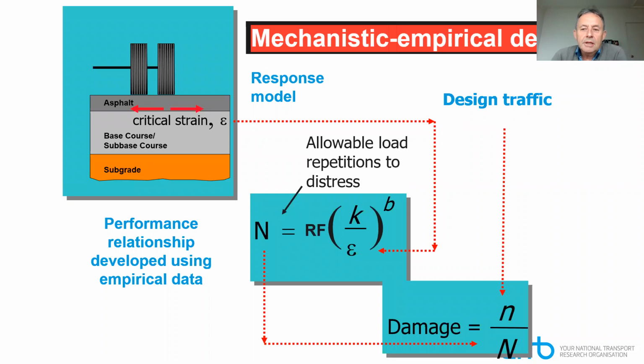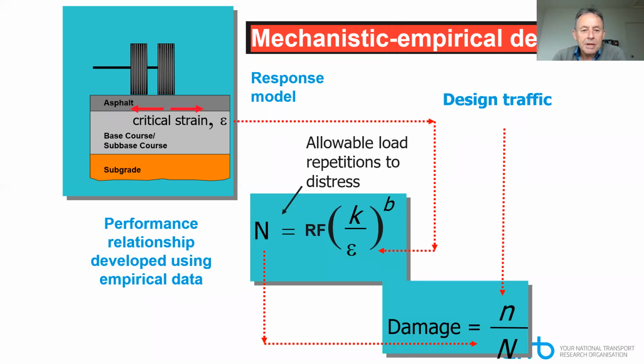So in general terms, this is a diagram just explaining the concept of a mechanistic empirical design process. We've talked in previous weeks about a response to load model, where we calculate a critical parameter. In the Austroads case, it's a critical strain in a trial pavement.